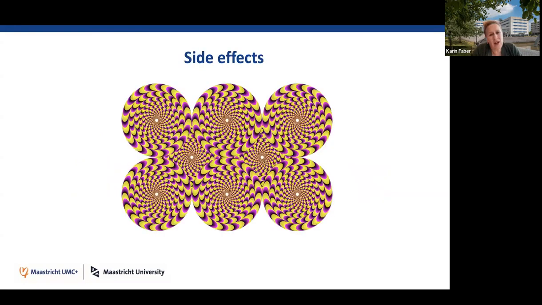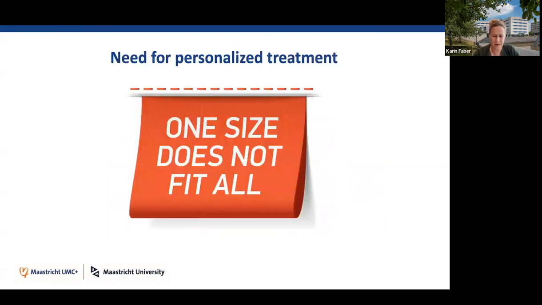Besides this, side effects are very frequent, often leading to discontinuation of drugs. And given the often disappointing results of currently available drugs, there is the need for personalized treatment, and the unraveling of the genetic pathways in small fiber neuropathy may be the gateway to this development.